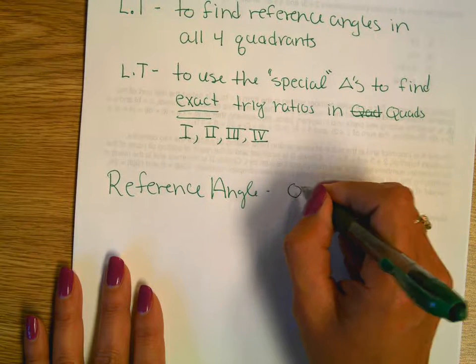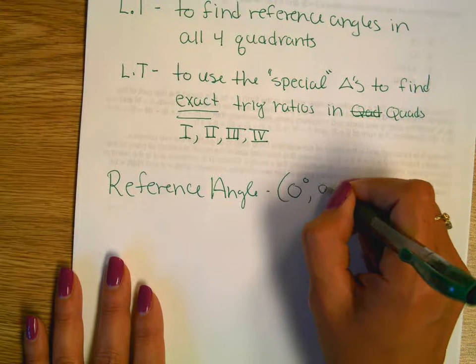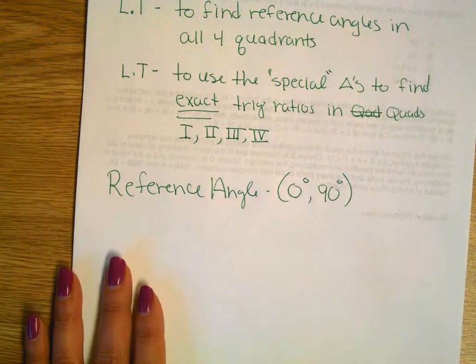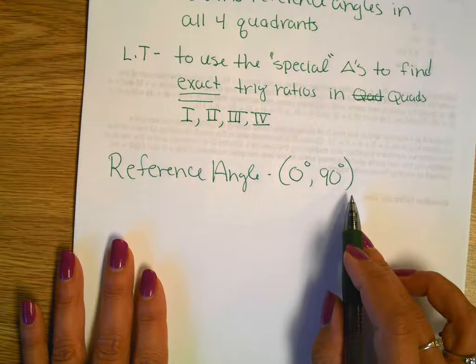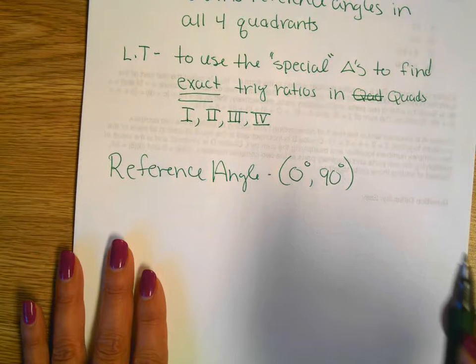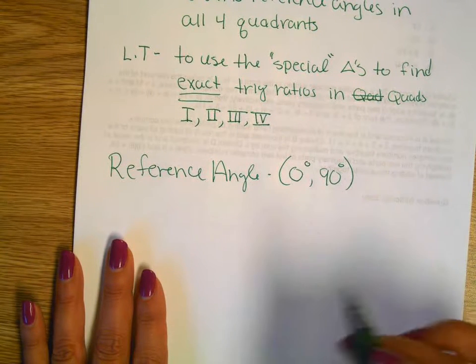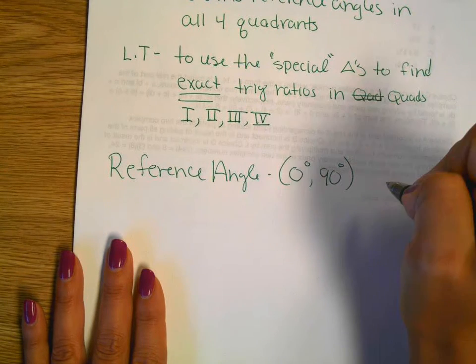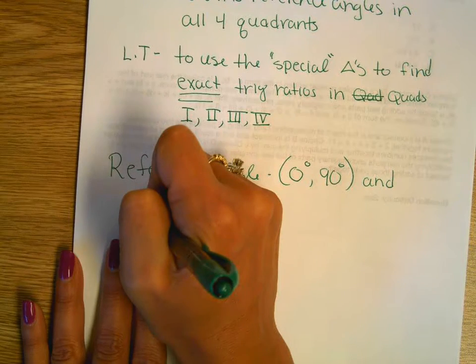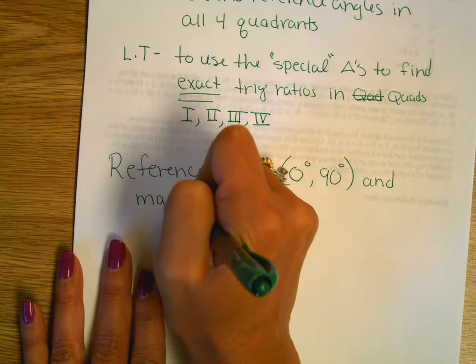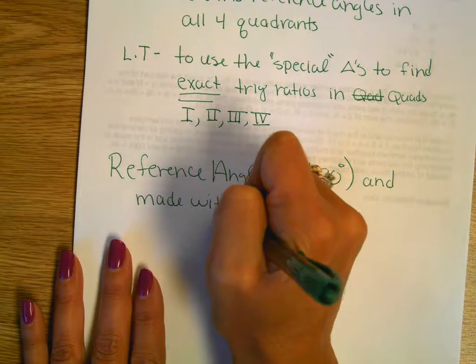So it must be between 0 and 90, not including 0 and 90, so notice the rounded brackets there. And it has to be made with the x-axis, not the y-axis.